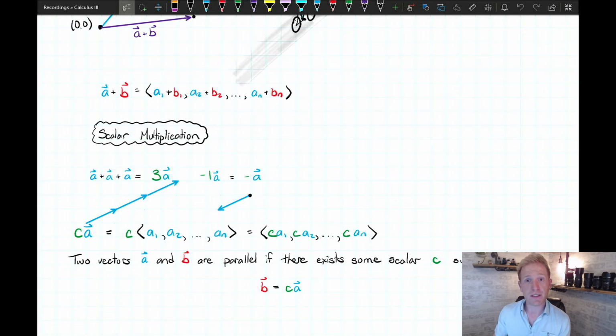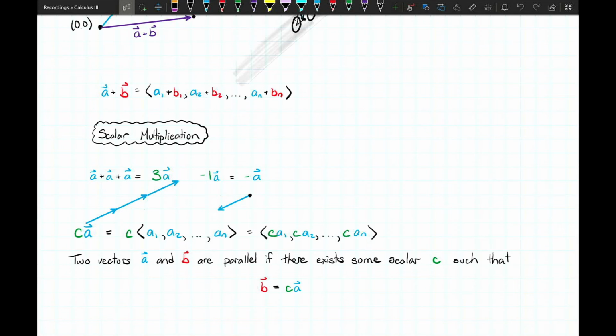So as you can see, addition and subtraction of vectors work in exactly the same way by combining these two operations together. Let's take a look at a quick example of vector addition and scalar multiplication of two vectors in two-dimensional space so that it's a little easier to visualize.